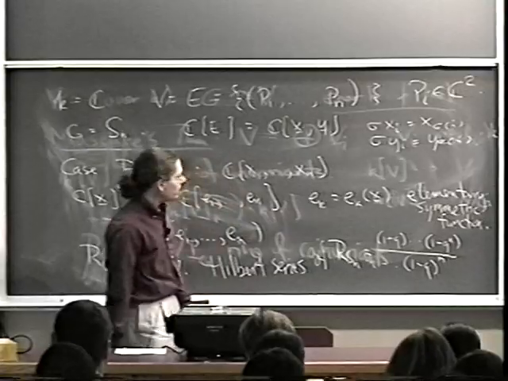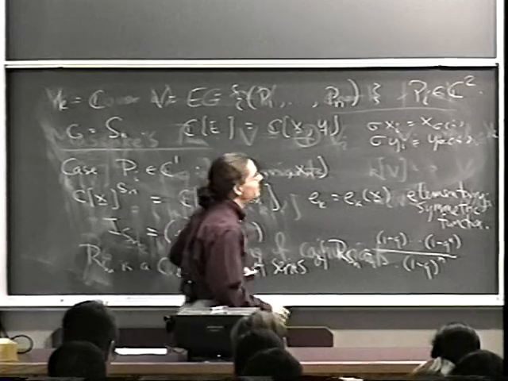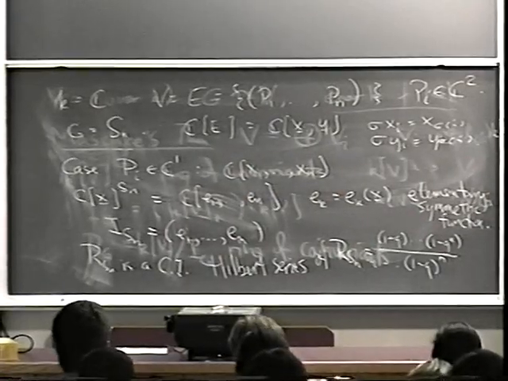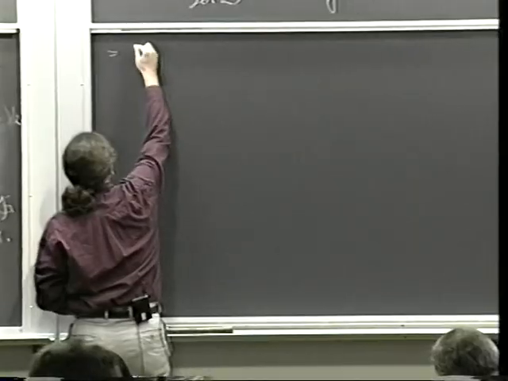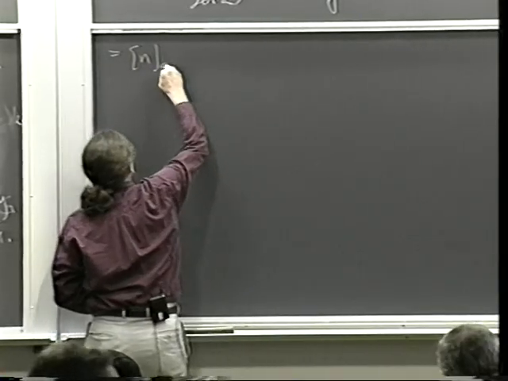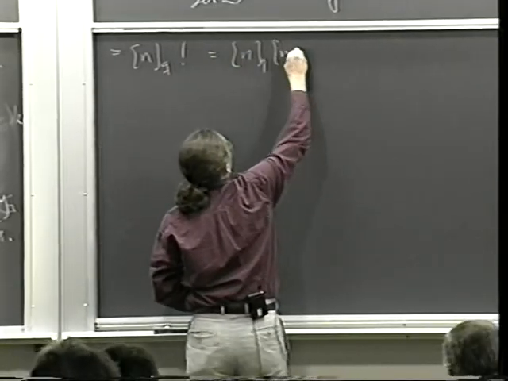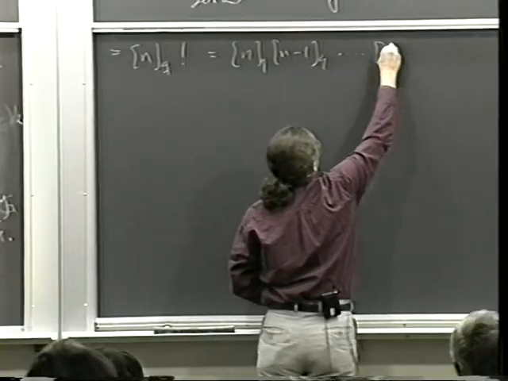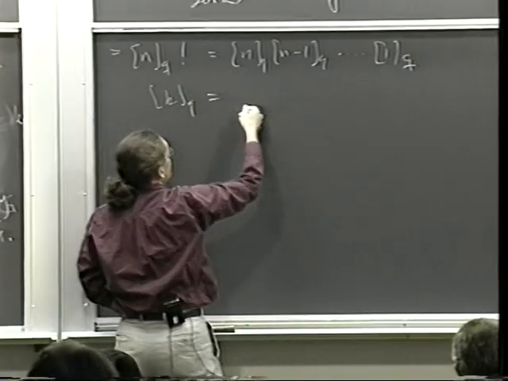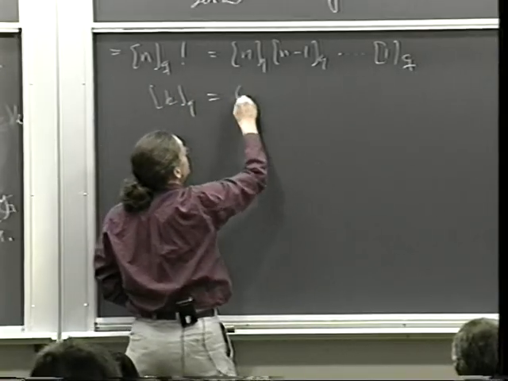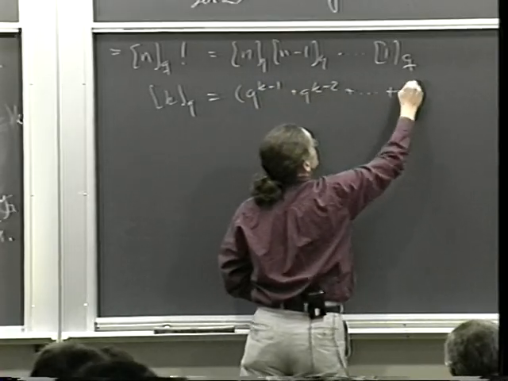Okay, well, that's actually a very nice thing. That's the q-analog of n factorial. Let's write out what that is. So that last thing is actually equal to what's sometimes denoted [n]_q factorial, which means [n]_q [n-1]_q down to [1]_q, where [k]_q denotes (1 minus q to the k) over (1 minus q), which is q to the k minus 1 plus q to the k minus 2 plus dot, dot, dot, plus 1.